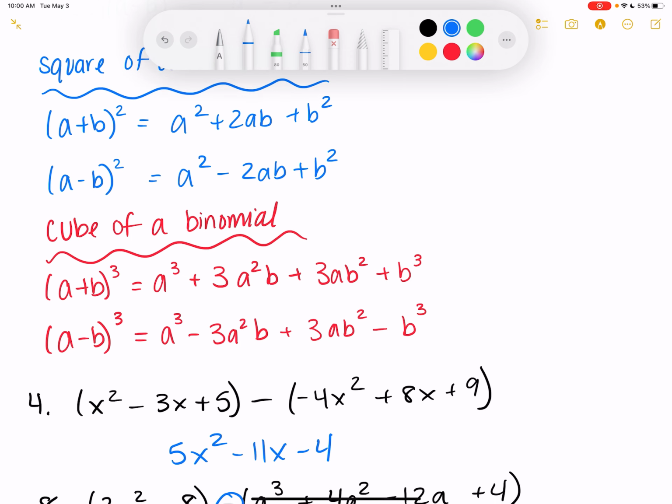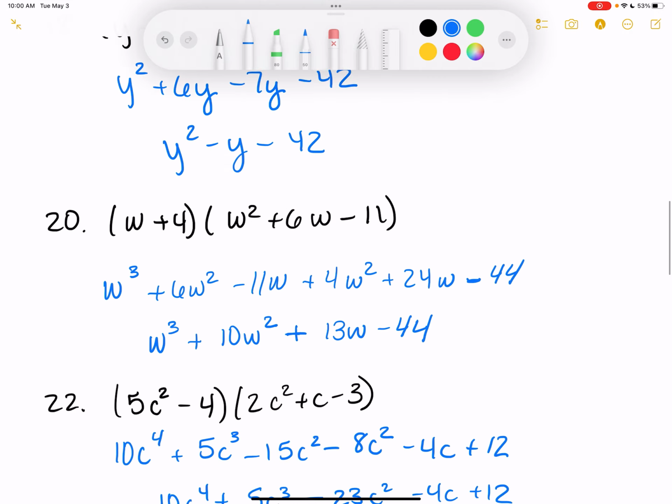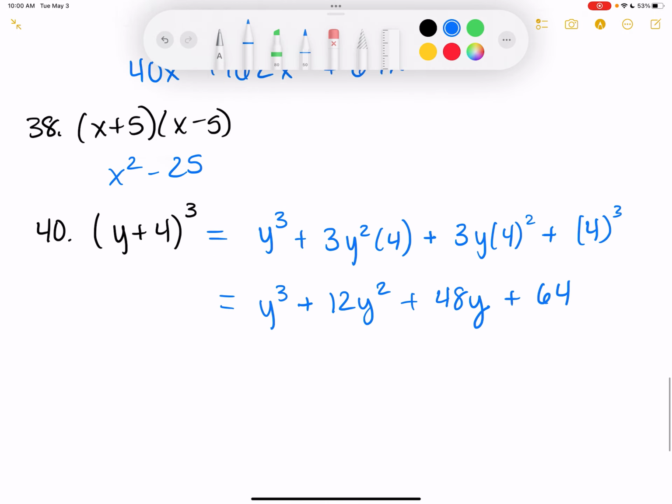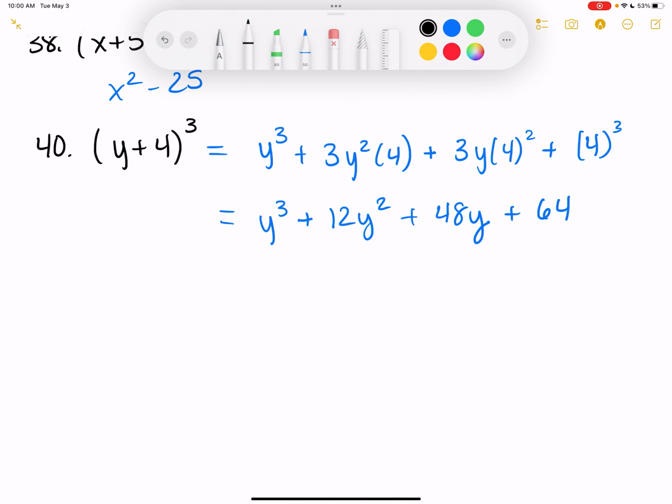Alright, so the next one is going to be the second type. It's going to follow the same pattern, but the second and last signs are both going to be negative. So 42, that was a good one: 3t minus 4 cubed. Somebody tell me what to do.